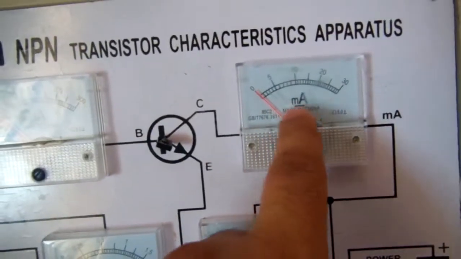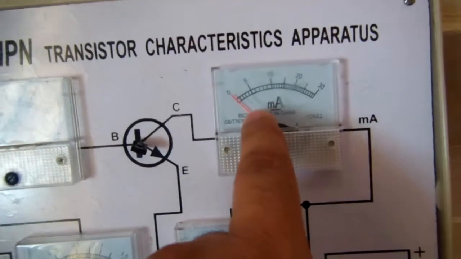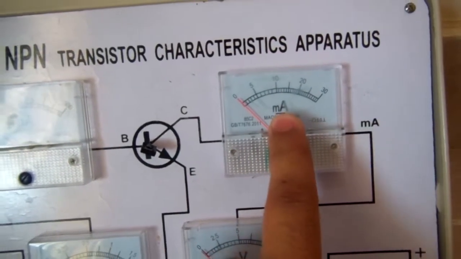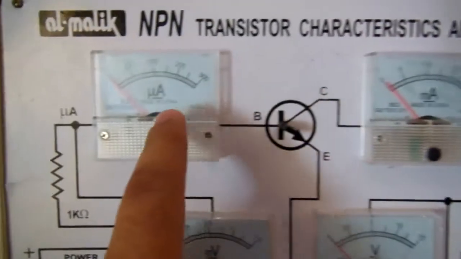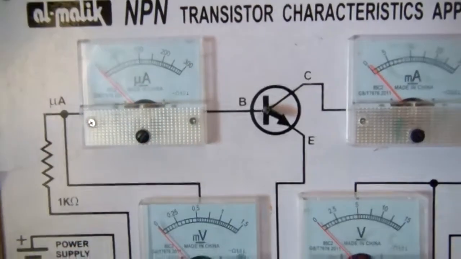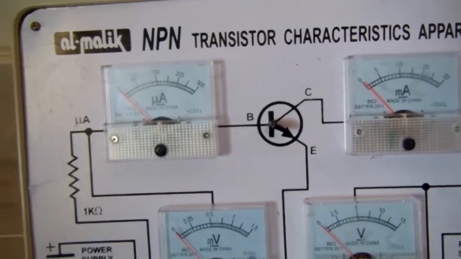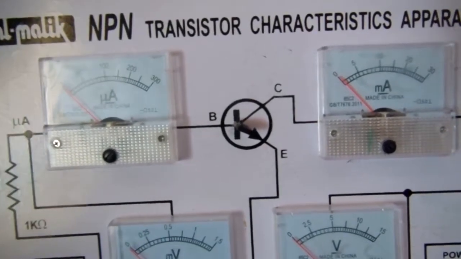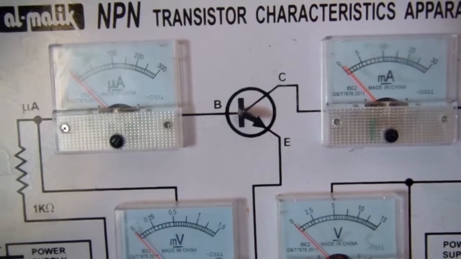As you can calculate, a milliampere is 1000 times greater than a microampere. The main function of the transistor is to amplify current, voltage as well as power.